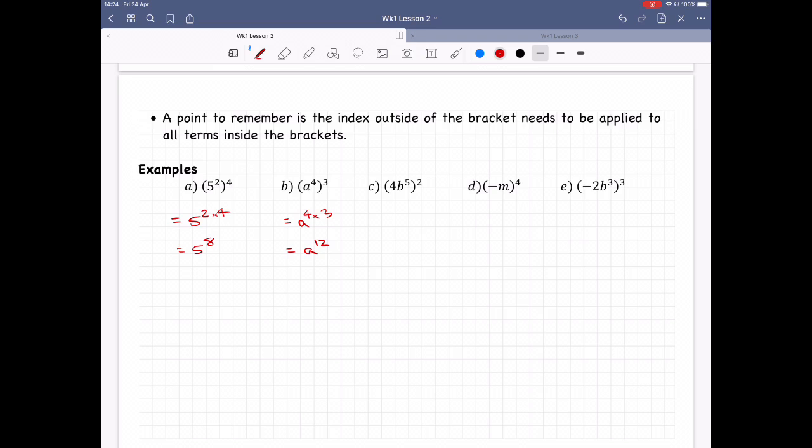Now, when we have a pronumeral attached to our terms inside the brackets, what we need to be aware of is this squared not only affects the 5 that we've got here, but it's going to affect the power of the 1 that's on the 4.